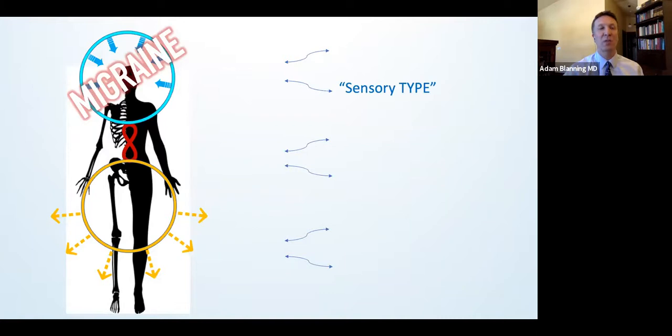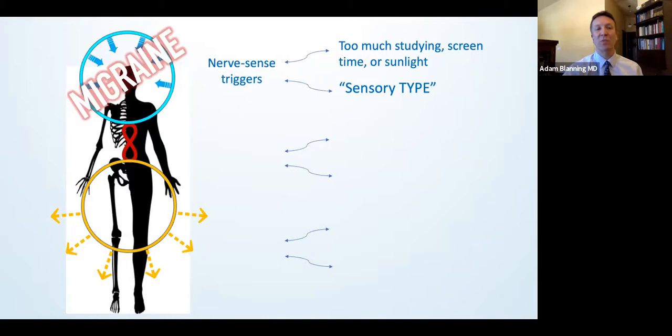We could say there's a sensory type of migraine, and this has mostly to do with sensory impressions or sensory strain being the triggers. So we could say there are nerve sense triggers. And there are some people whose migraine is very much conditioned by too much studying, too much screen time, too much sunlight. They know none of those things are good for them.